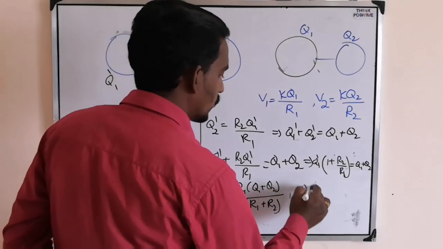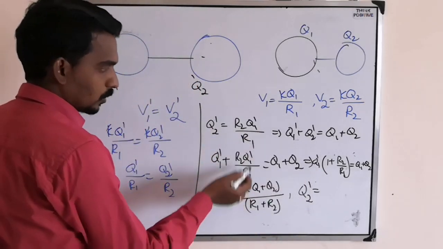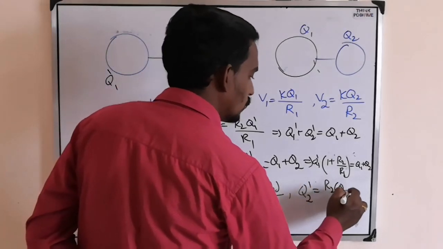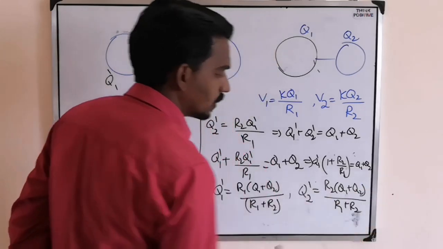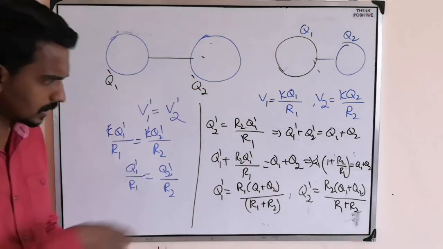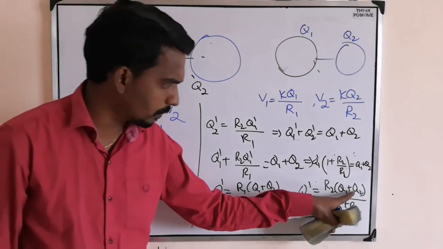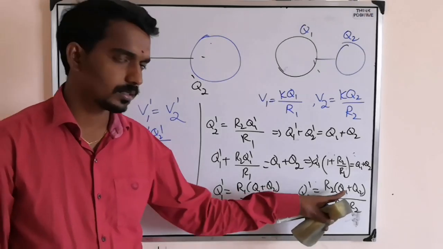Similarly, q2 dash, if you find, substitute q1 here, then R2 (q1 plus q2) by (R1 plus R2). Simple, logical formula: total charge by sum of radii.